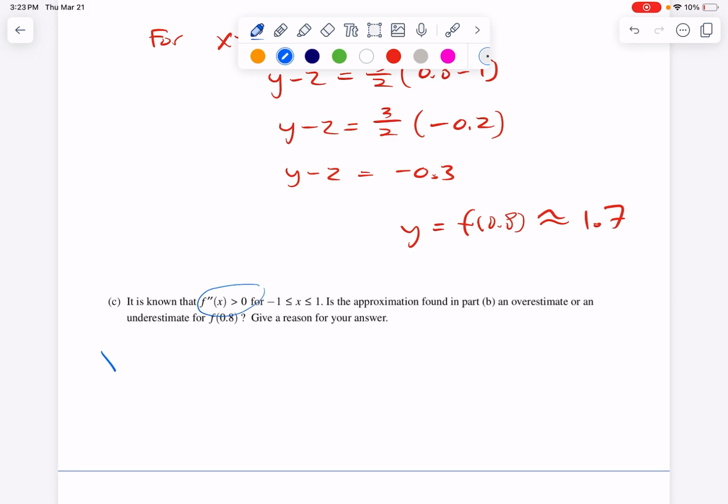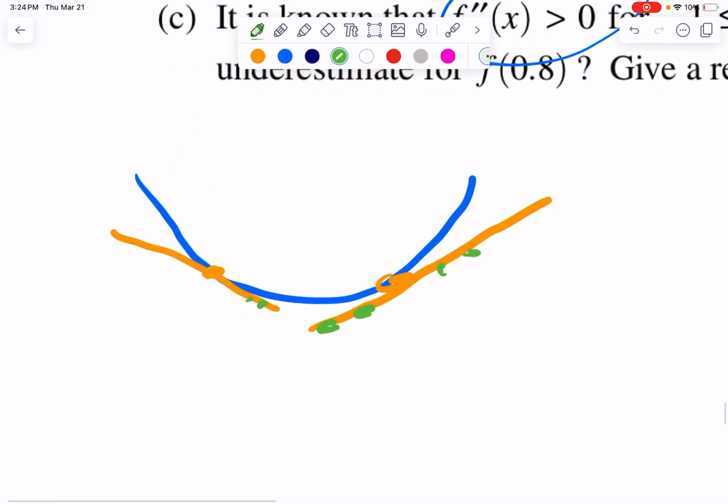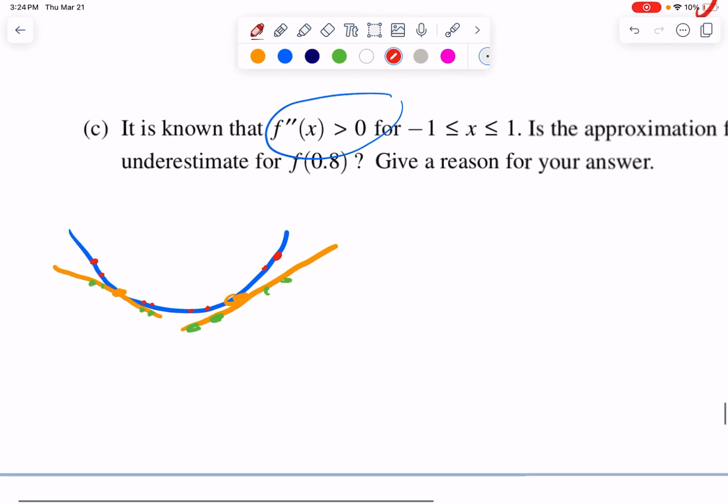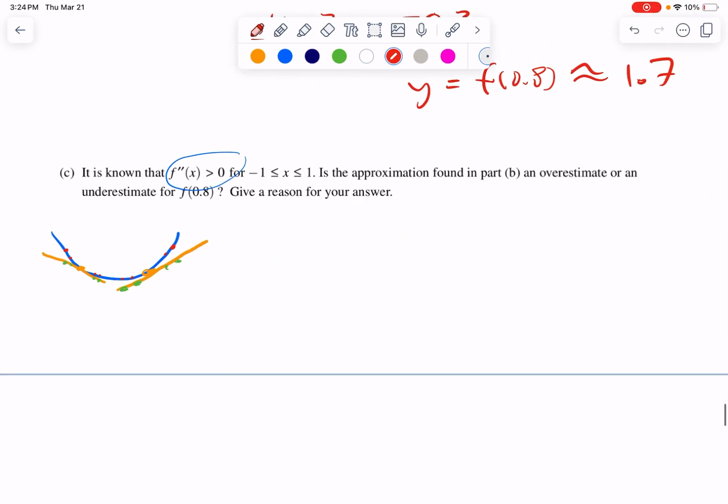So if I have a concave up graph that's smiling, no matter where I am on a concave up graph, if I draw a tangent line, the tangent line is below the curve. So any approximation I get from the tangent line, if you imagine these are my approximations, they're actually below the corresponding points on the graph. And that's because the graph of f is concave up.